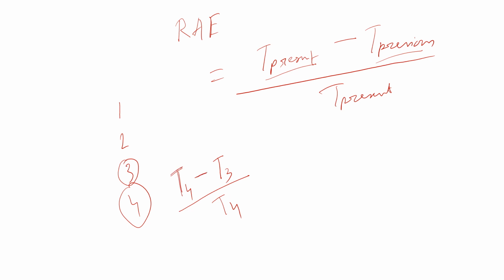Now you minus T3, this was the temperature in the previous iteration. And then you divide it by the present temperature again, the temperature after you have computed the present iteration. And then you mod it, that means take the absolute value and multiply it by 100. So it will give the percentage relative absolute error.